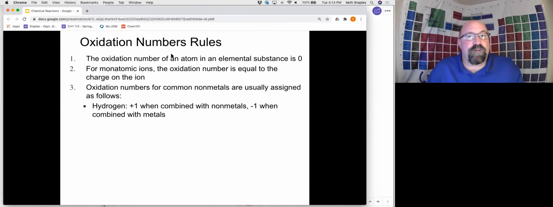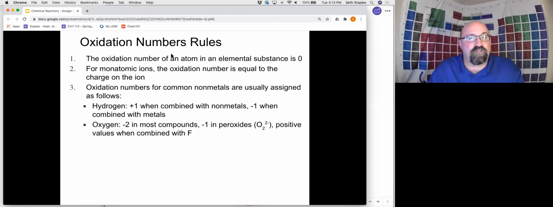Oxidation numbers for very common nonmetals are usually assigned in these ways. Hydrogen is a +1 when combined with nonmetals, a -1 when combined with metals. Oxygen is a -2 in most compounds, but it's a -1 in peroxides, and oxygen can actually have positive oxidation numbers if combined with fluorine in certain compounds.